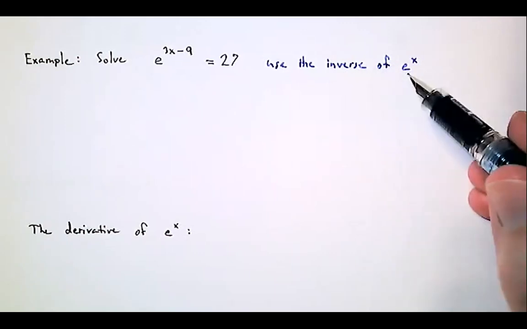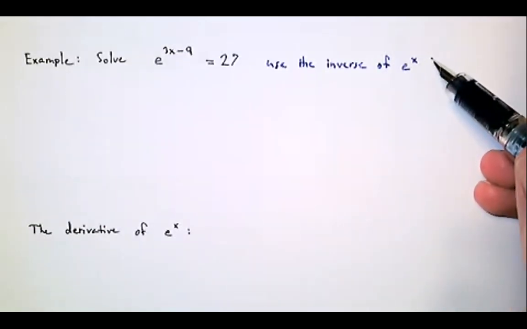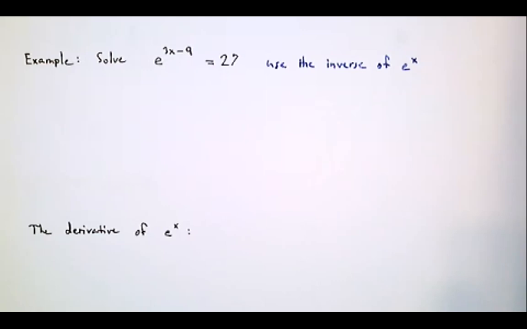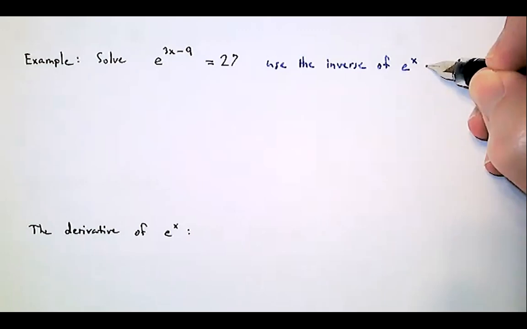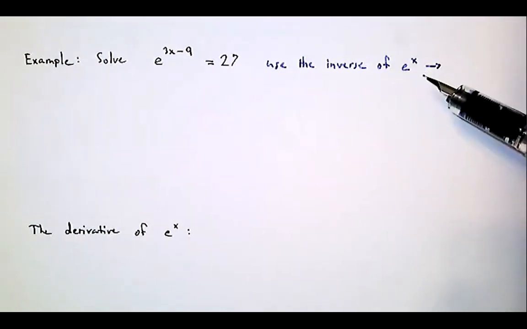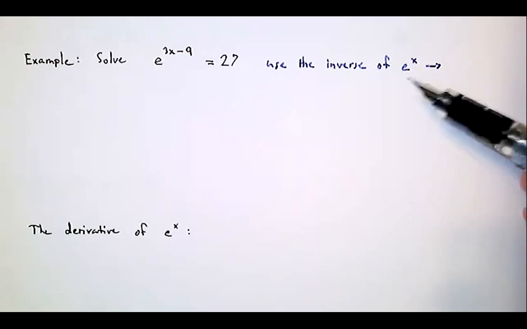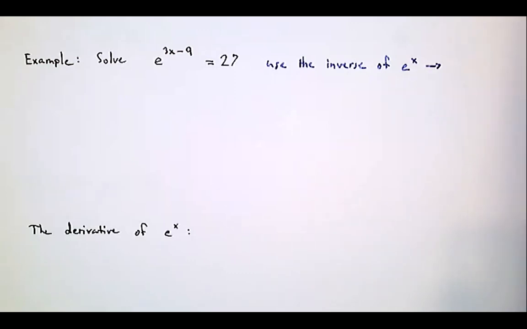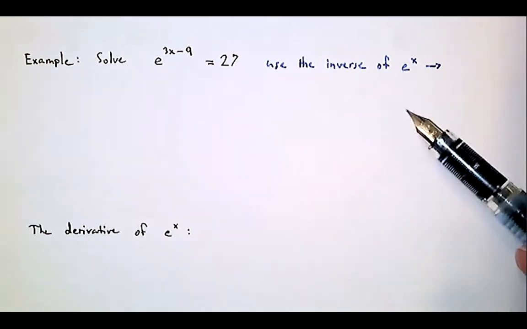So the inverse of e to the x, remind me from the last page, what should it be? EXPX. Well, that was the inverse of the natural logarithm. What's the inverse of e to the x? So I'm just asking you to switch around the way that we're thinking.